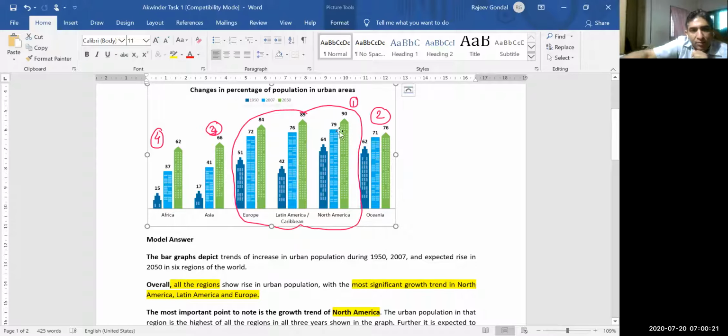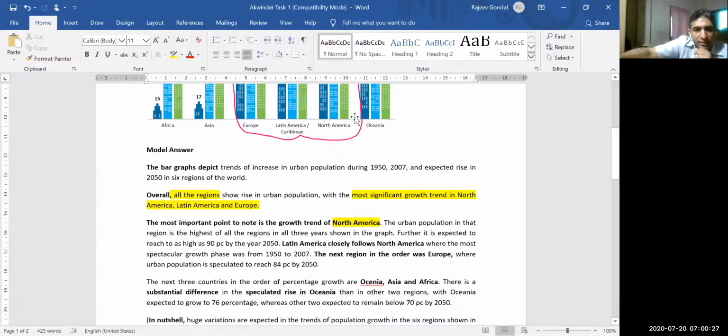So this is an important point, and we have made that the second sentence, that the urban population in that region is the highest of all the regions in all the 3 years. So this is important, and you can make a note of that. Writing it in a very simple manner and telling about the basics.